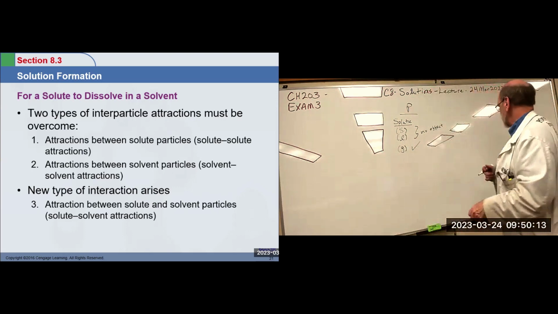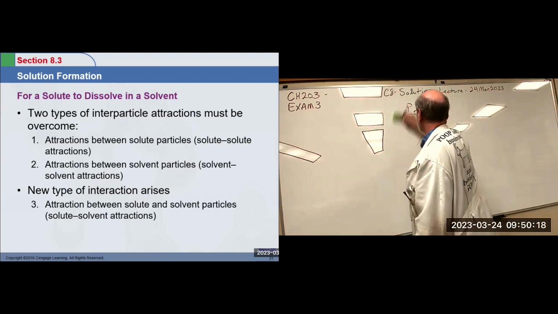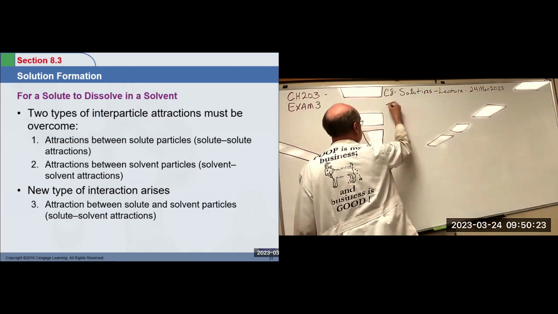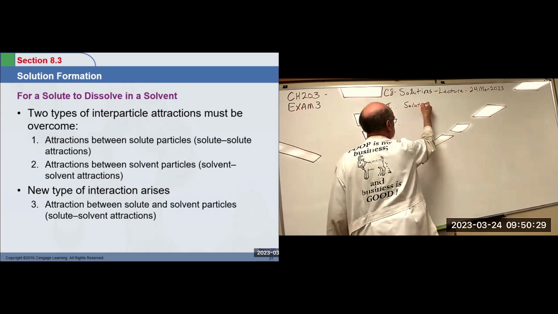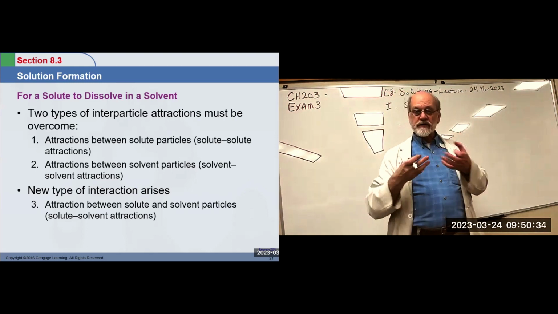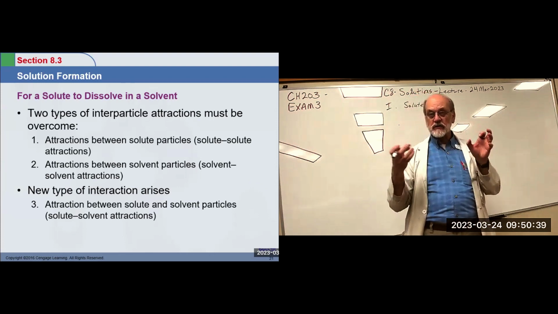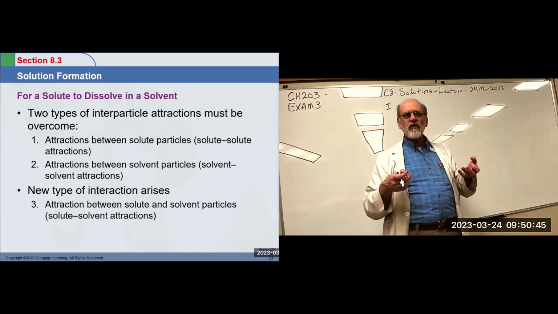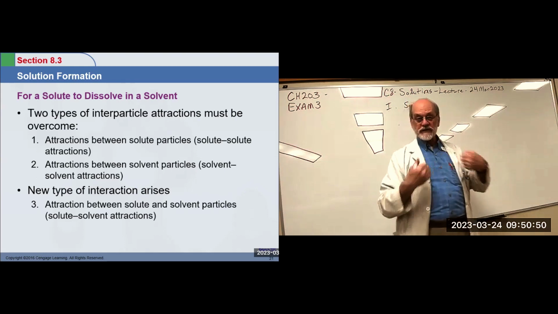So if you've got a first step, you've got the solute, and each of the individual particles in the solute are attracting one another. So you've got to break those bonds between the two. Now, these are not covalent bonds. They might be ionic bonds, but they're not covalent bonds. You want to break the intermolecular attractions that hold those molecules together.